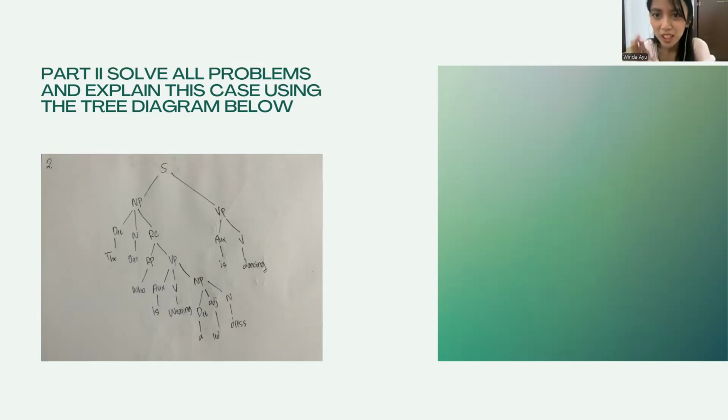The verb phrase: the auxiliary is is, the verb is wearing. And then the NP: the determiner is a, the adjective is red, and the noun is dress. The verb phrase: the auxiliary is is and the verb is dancing.